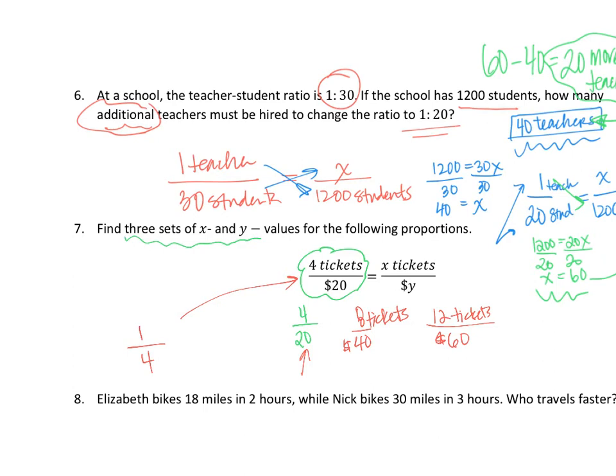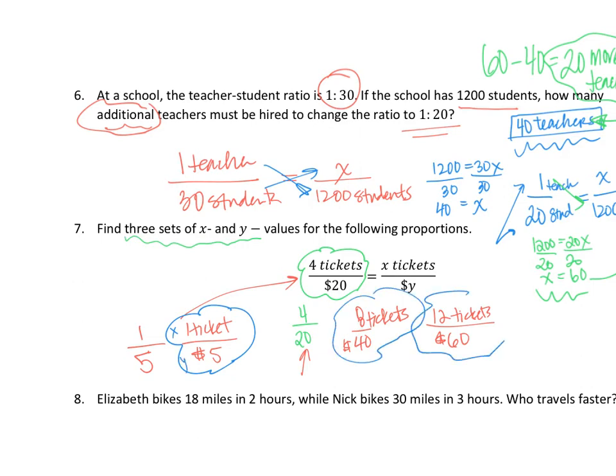So that means 1 ticket costs, oopsie, not 1/4, but that would be 1/5. So 1 ticket costs $5. So I just found 3 different sets that would satisfy it. So we're saying X to Y for all of these, because X is the number of tickets and Y was the dollar. So we found 3 different sets that would all be making that proportion true.